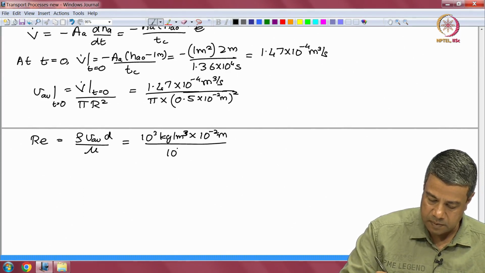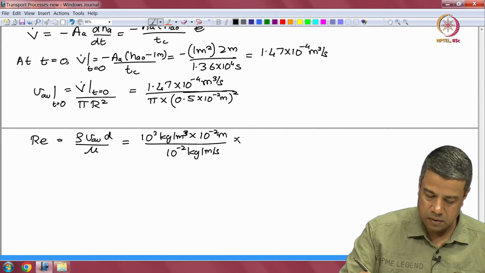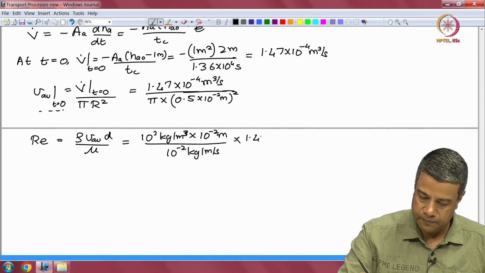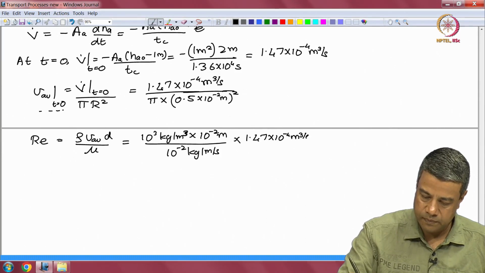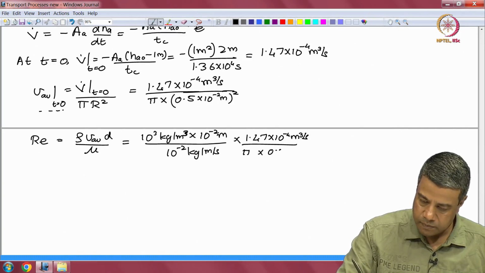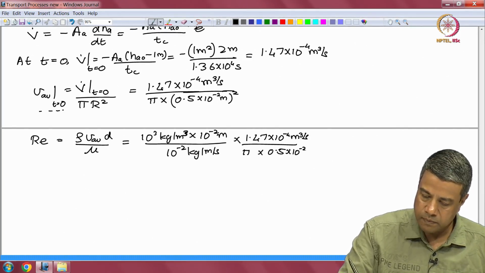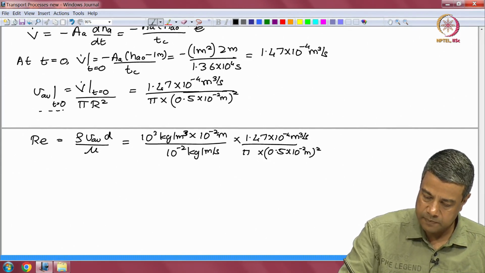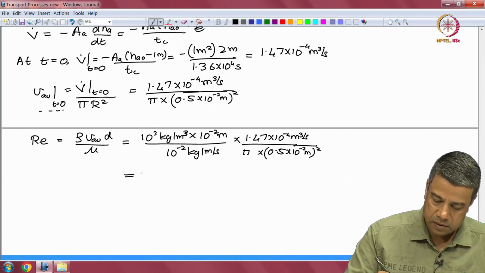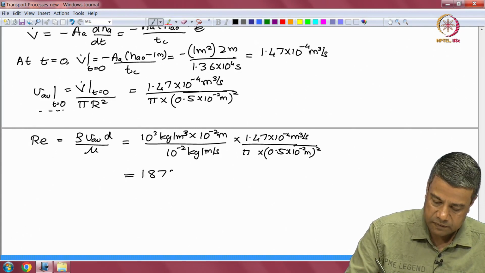Divided by 10 power minus 2 kg per meter per second into this V average at t equal to 0. The whole square. And if you do this calculation, you get a value of 1875.